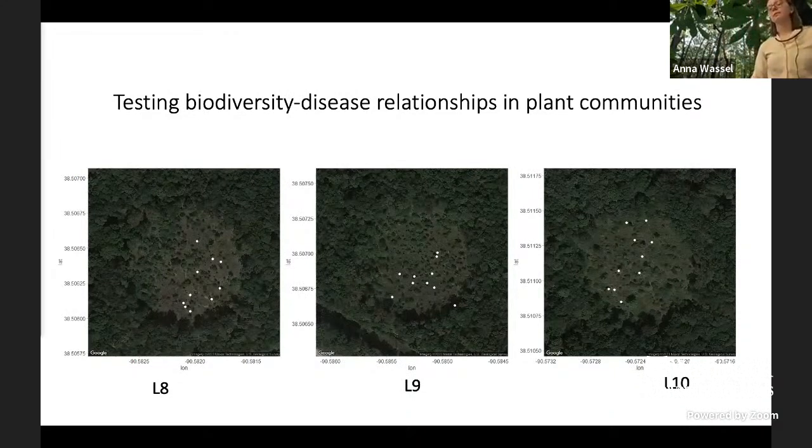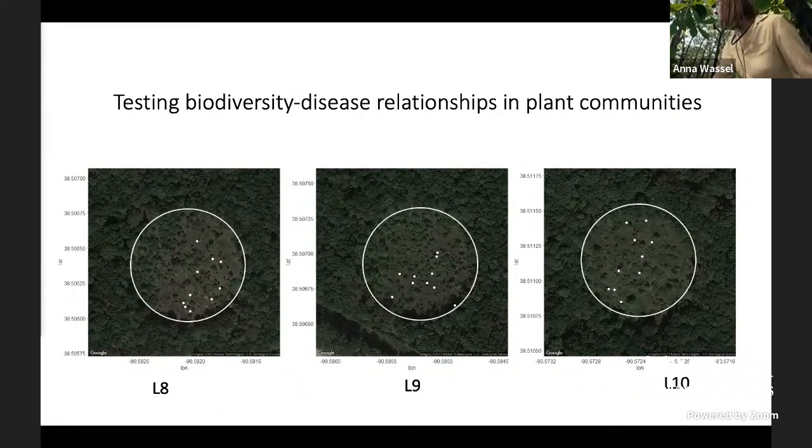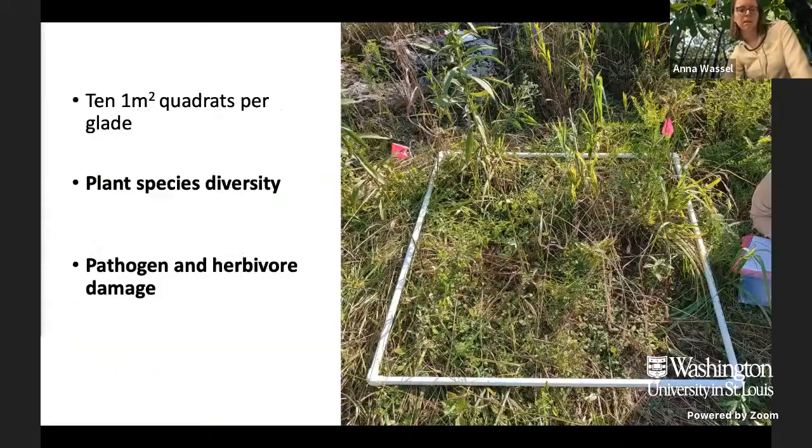They're very hot and dry and surrounded by Tyson forest. These were cut out of Tyson forest about 10, 12 years ago. And it's maybe hard to see on the screen there, but those are the edges. And I sampled these plots, these white dots within each of them.